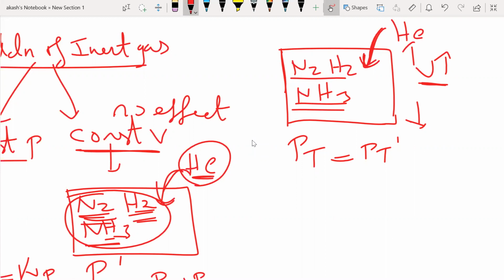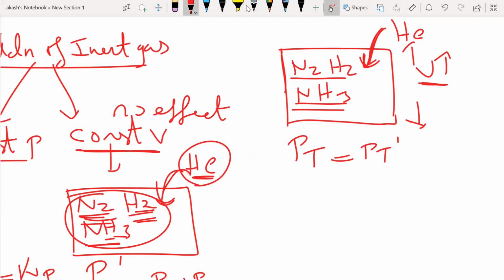That's the answer. So indirectly, addition of inert gas at constant pressure is very similar to increase in volume. As simple as that. And when you do the same thing at constant volume conditions, there is no effect because only the total pressure will change, but the individual partial pressures of the components are not going to change. Okay, guys, everybody understood?